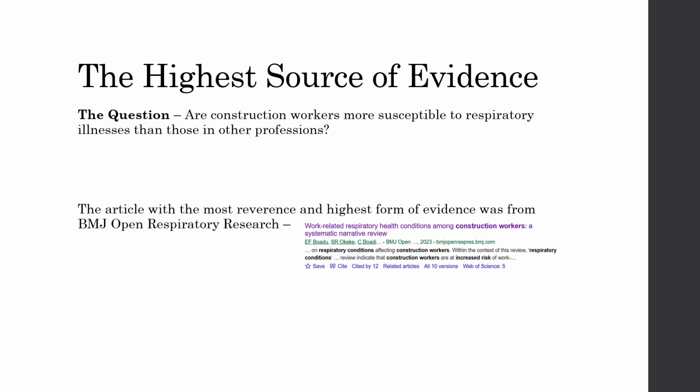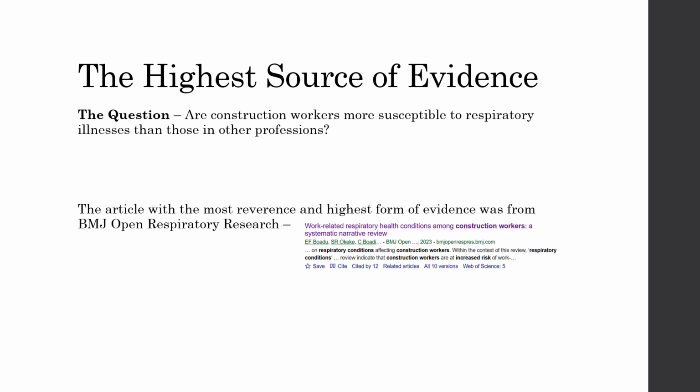So there wasn't a control measure. Whereas the BMJ Open Respiratory article reviewed respiratory conditions among construction workers globally and discussed the relevant risks to the relevant occupations. It explicitly states that construction workers are at higher risk compared to other industries.